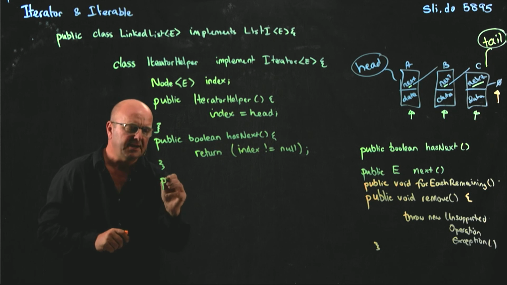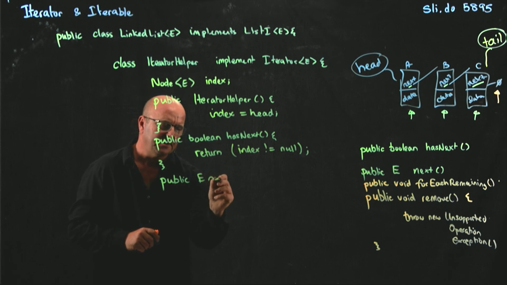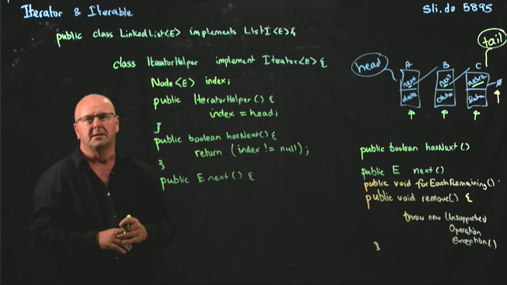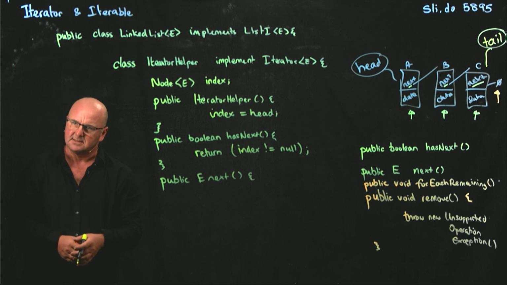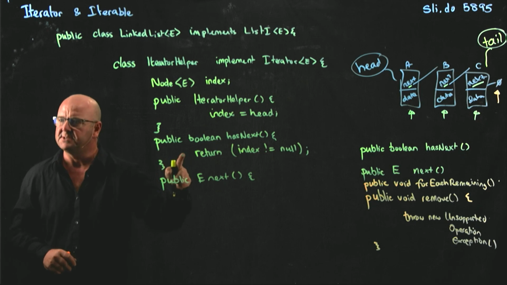And then we have our next method, public E next. The first thing we want to take care of is, do we have an empty list? How do we know we have an empty list? hasNext won't return true.